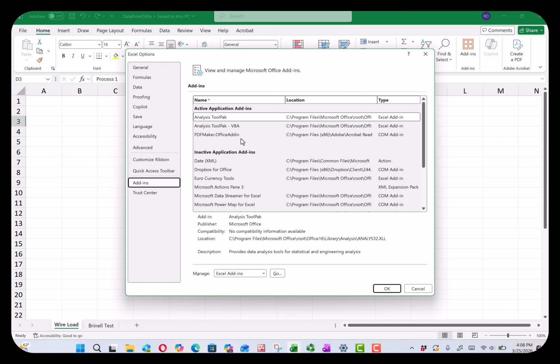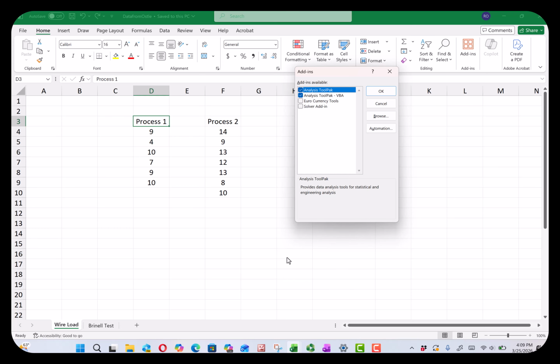This is a list of the add-ins that Excel has. They're programs that are present, they're just not turned on. We need to make sure that the Analysis ToolPak is added. If it isn't added, click on it and then Go, and it will show up on the list as highlighted and it's ready to go.